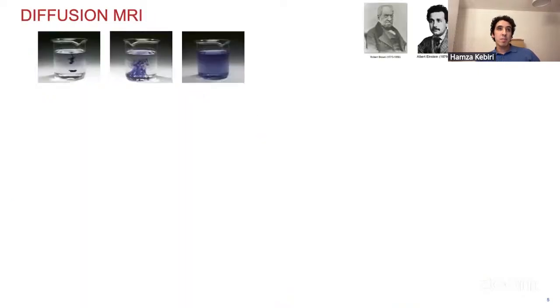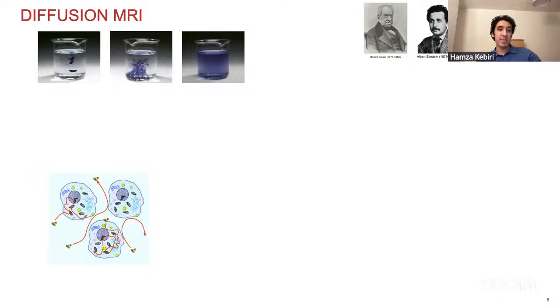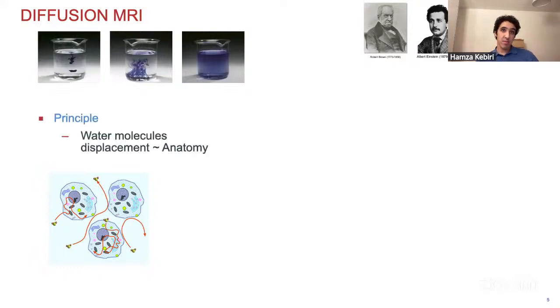Okay, so basically, diffusion MRI relies on the diffusion of water molecules. Here we can see ink diffusing in a glass of water, but actually, what we want to see in the brain is really the water molecules diffusing between the different cells and also inside the cells. And we want to use this information as a proxy to know about the anatomy.